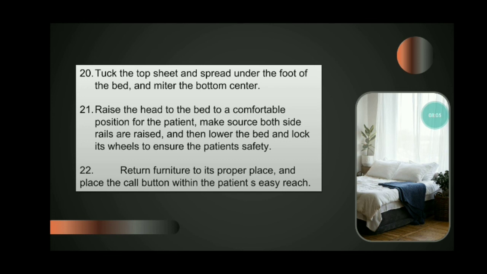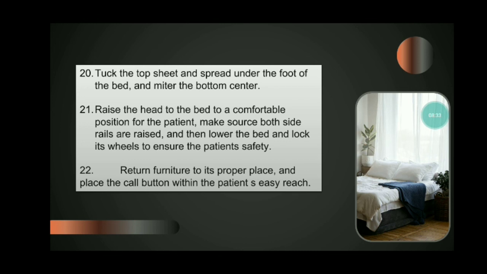Next one is raise the head of the bed to a comfortable position for the patient. Make sure both side rails are raised and then lower the bed and lock it well to ensure the patient's safety. So again, didn't we talk earlier that the side rails you need to raise and then you need to lower the bed.